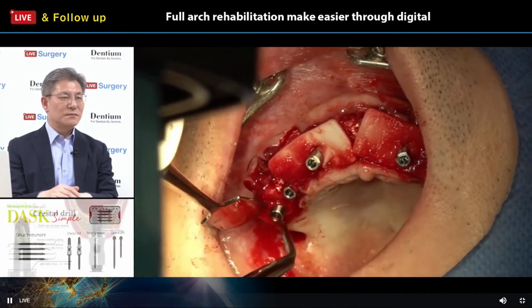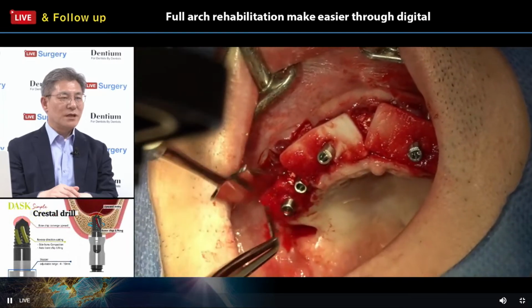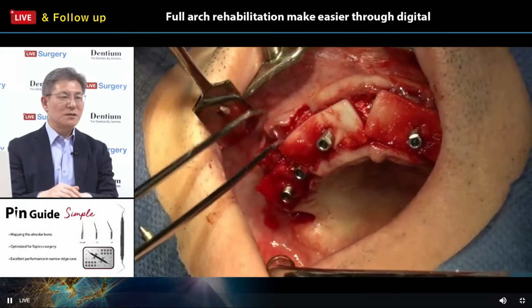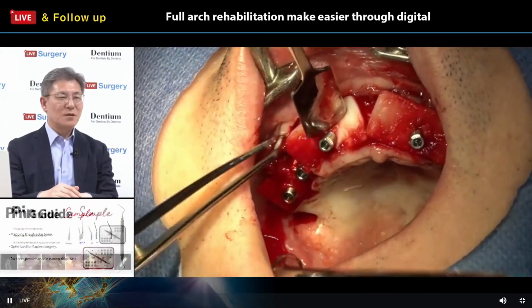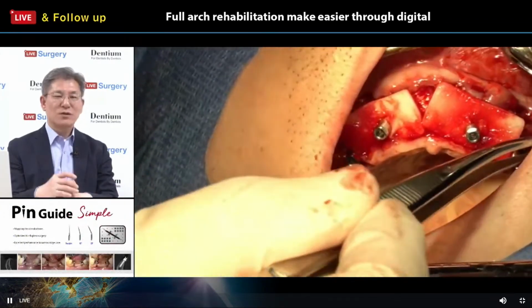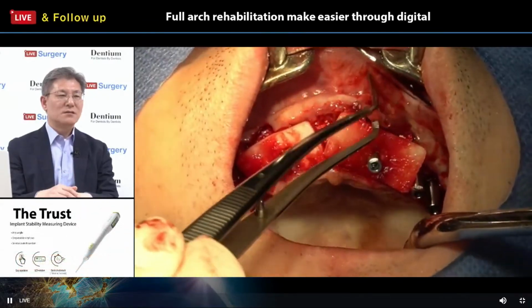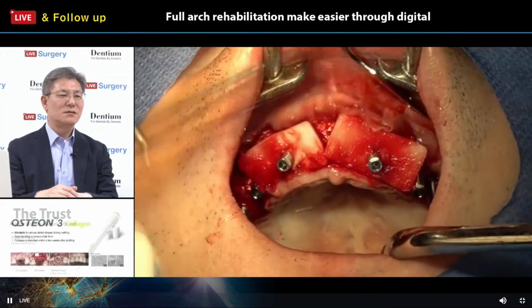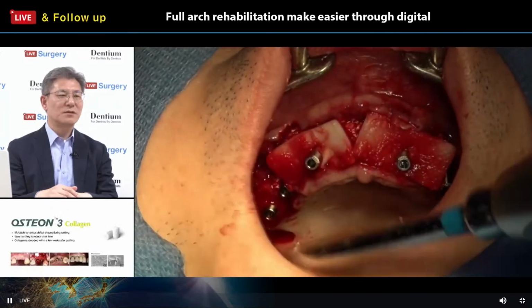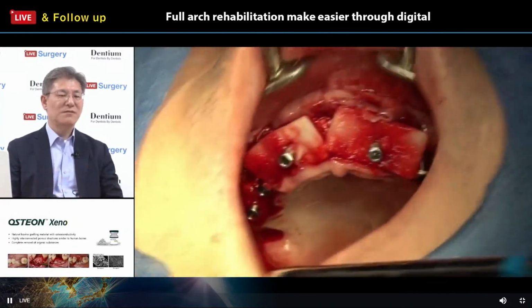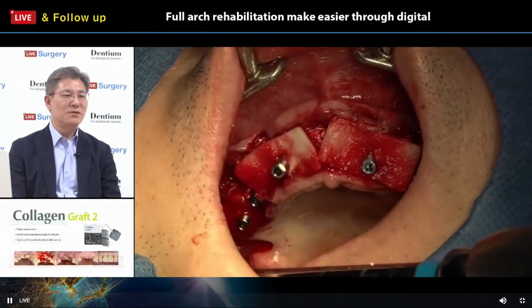Okay. Using this long-height healing cap, this collagen graft is easy to fix, and it covers the whole grafted area in a simple manner.